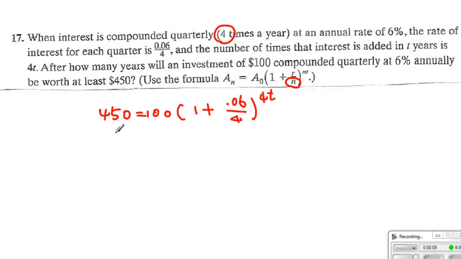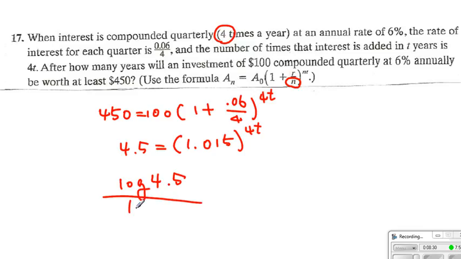Now obviously we can divide by 100, then we end up getting 4.5 must be equal to 1.015 to the 4t power. Now just like before, log 4.5 divided by log of 1.015 can be equal to 4t.